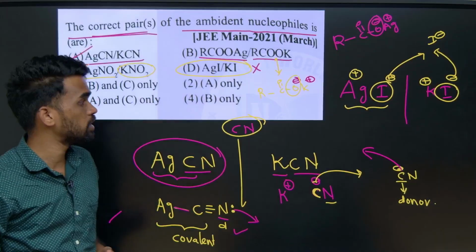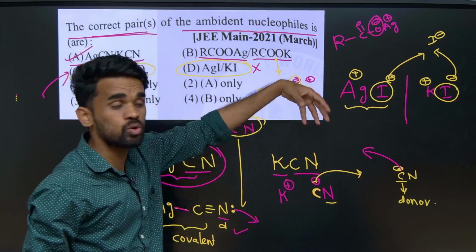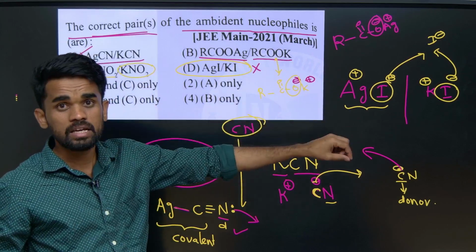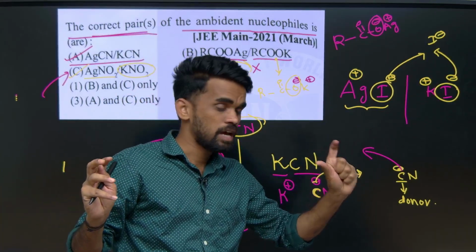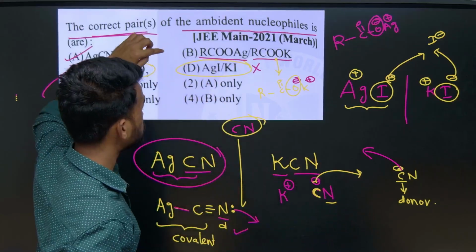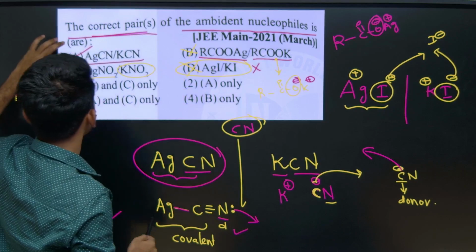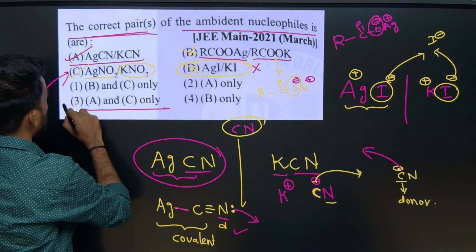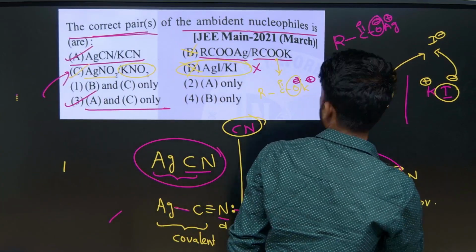O minus only. So there is nothing to talk about two donating sides. The molecule should contain two donating sides, then only can we consider whether it is ambident or not. So option B is also incorrect and D is also incorrect. So we can go with A and C, which is there in the third option, so we can go with that third option. I hope it is clear.